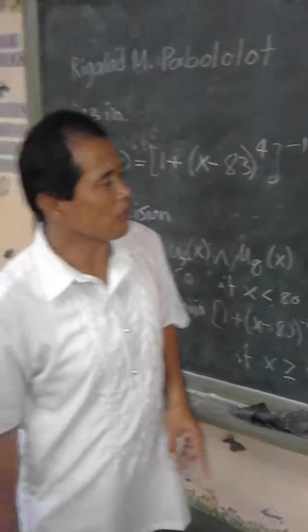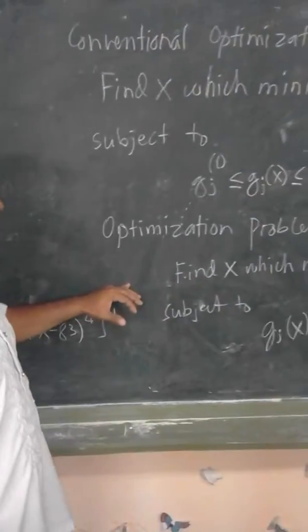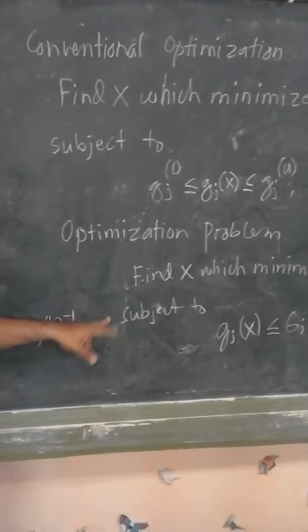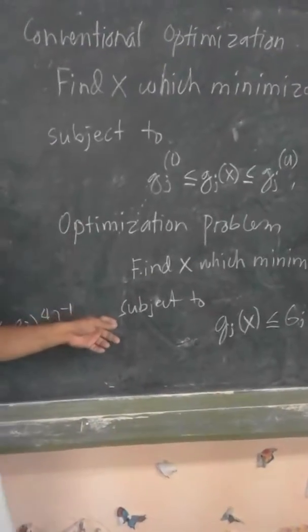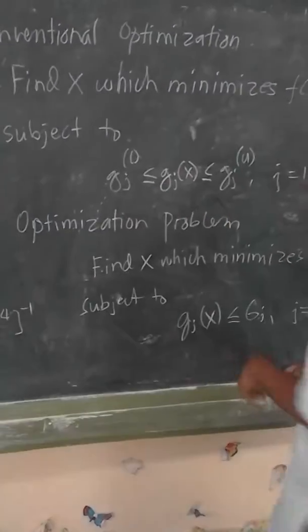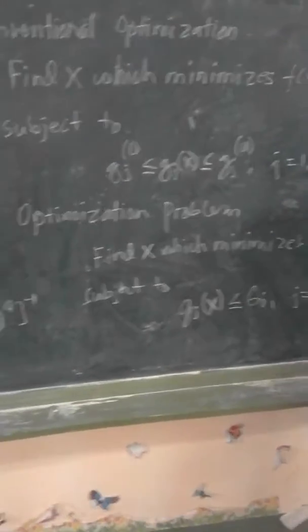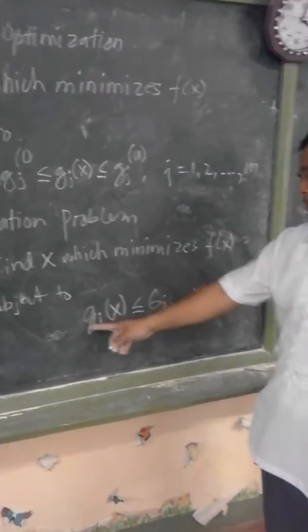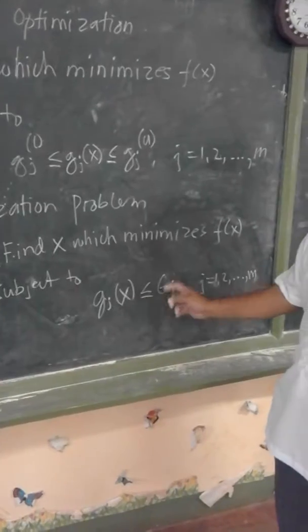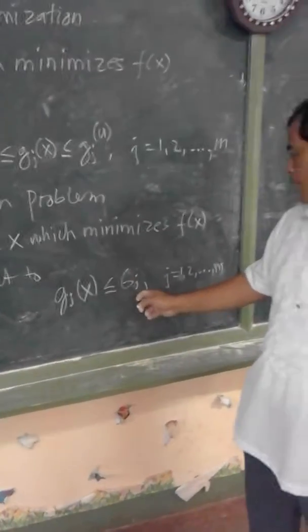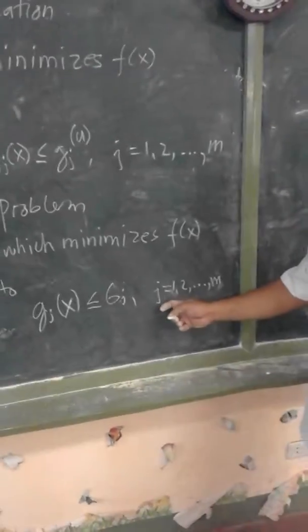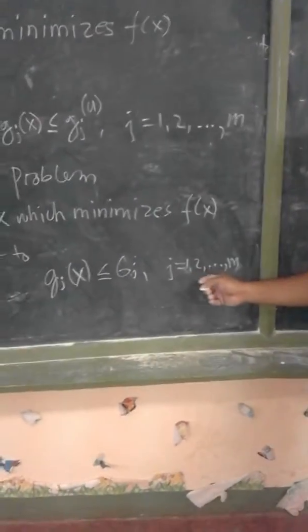Then for the optimization problem, we still have the same condition, but they differ now in each constraint. So each constraint now is for the optimization problem. We have g sub j of x less than g sub j, where still j equals 1 to m.